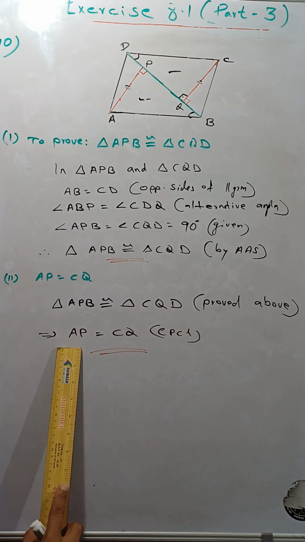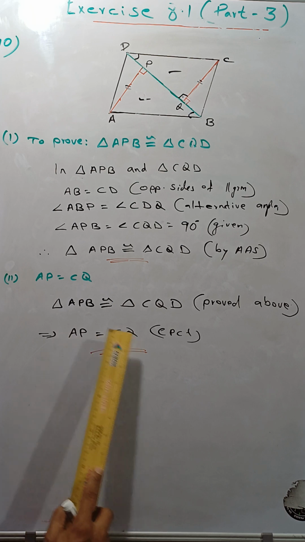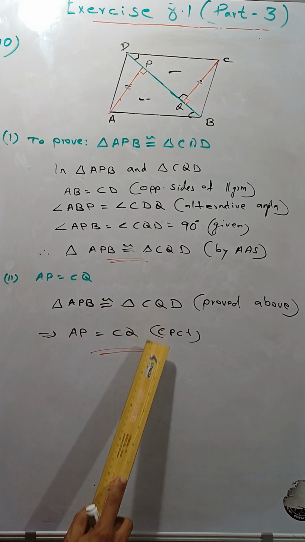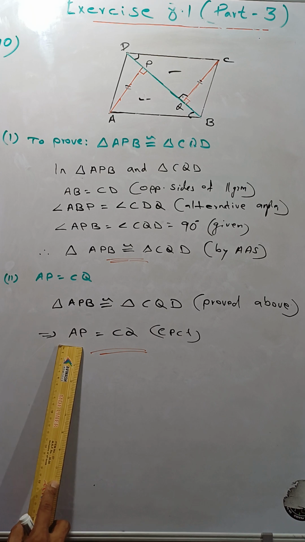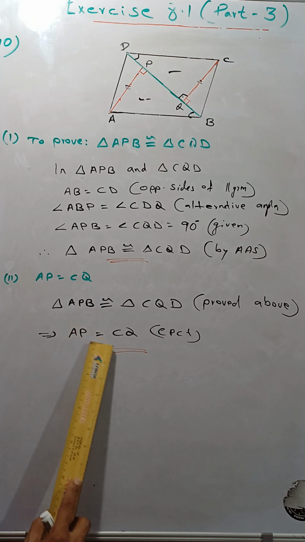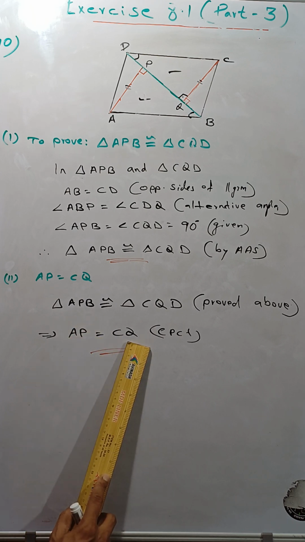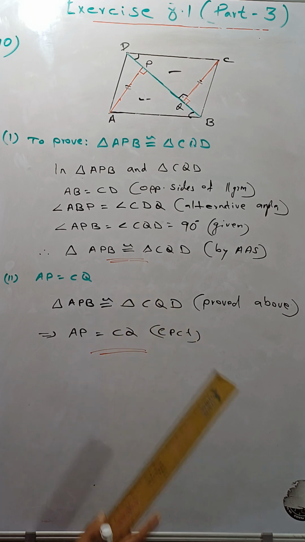Then we can prove this easily because AP and CQ are corresponding parts of the congruent triangles. It gives AP is equal to CQ, corresponding parts of the congruent triangles. Question number 10 is completed.